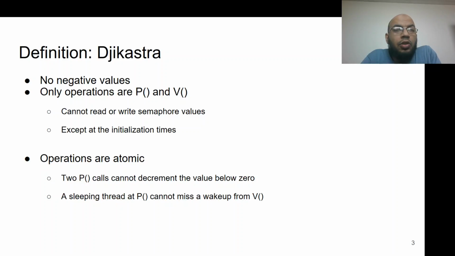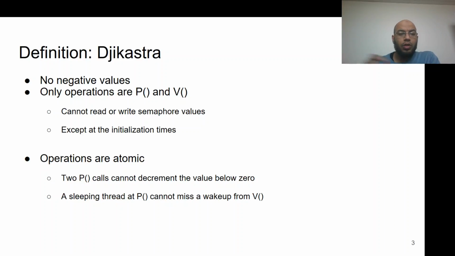So you can increment, you can decrement, but you cannot read what the semaphore value right now is, and you cannot change it. If the semaphore is 5, you cannot, as a P or a V, change it to 3, for example, because you're only allowed to decrement by 1 or increment by 1.